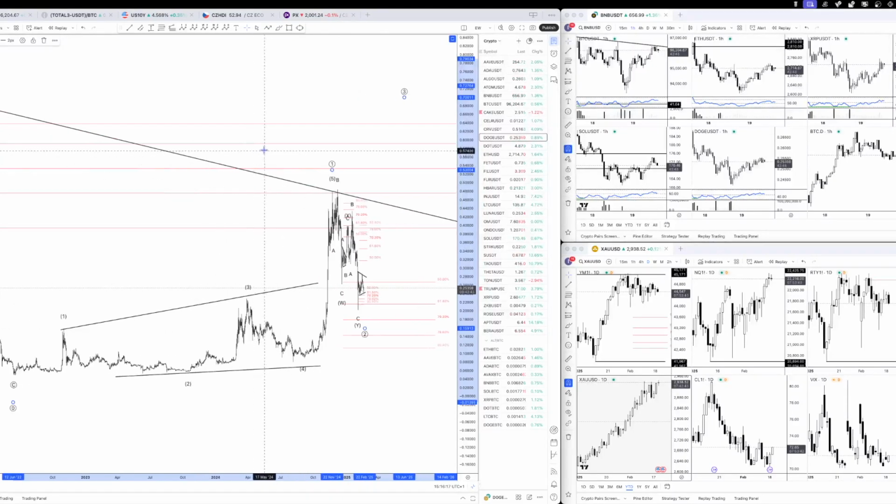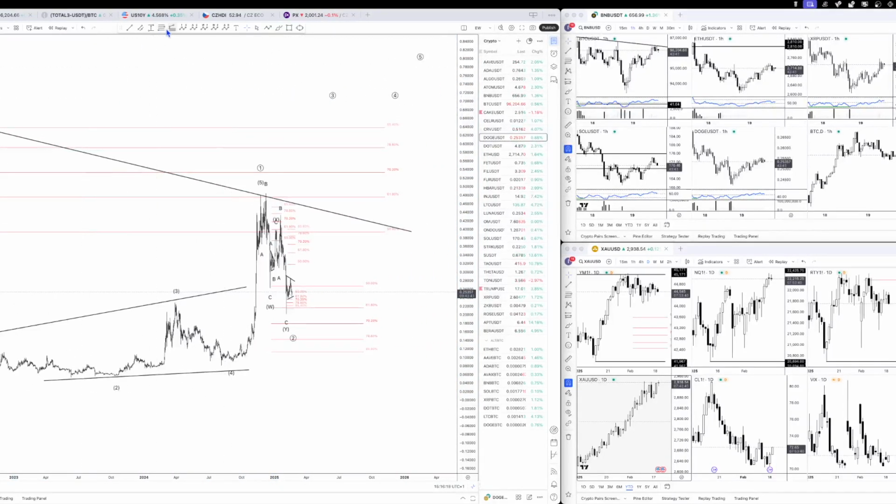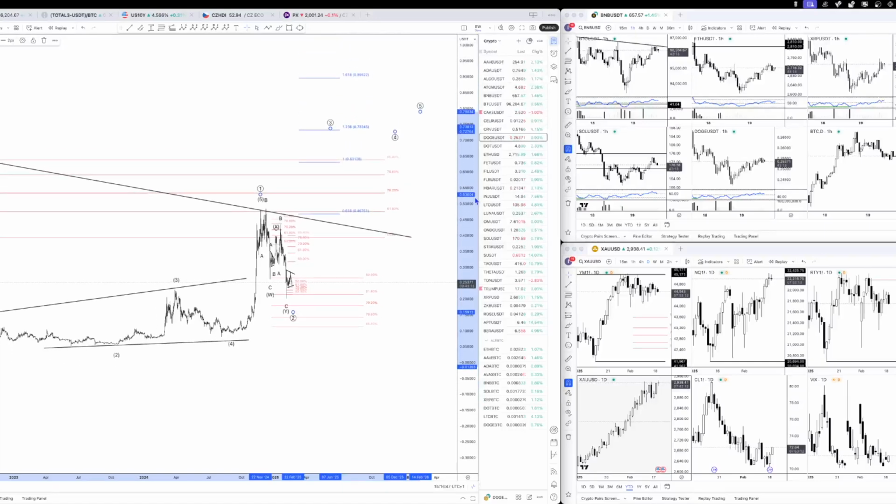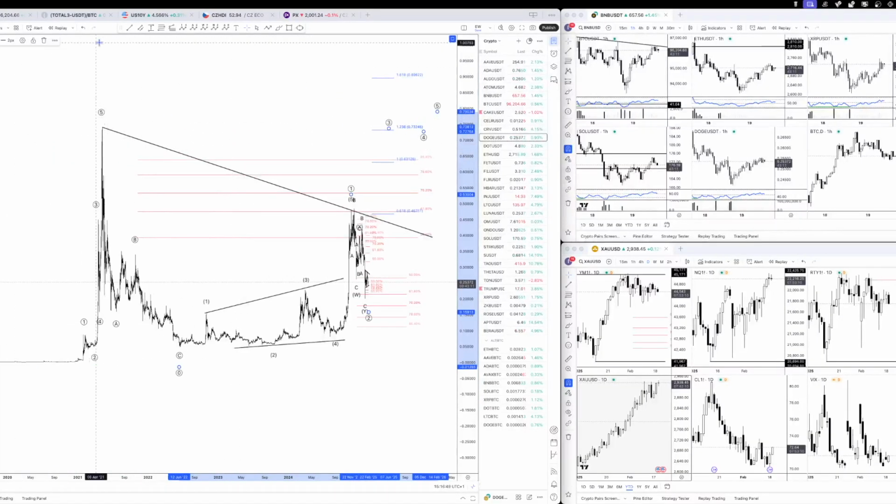Estimated target, we can do that. So if I take the beginning of wave 1, I take the top of wave 1, which is actually here, and I go to the bottom of wave 2 or wave Y of the WXY, then you could foresee a wave 3 at the 1.236 at 73 cents, which is, you guessed it, very close to the all-time high.